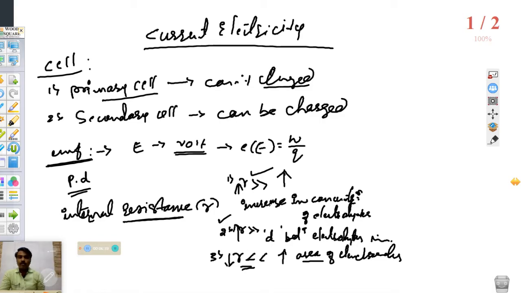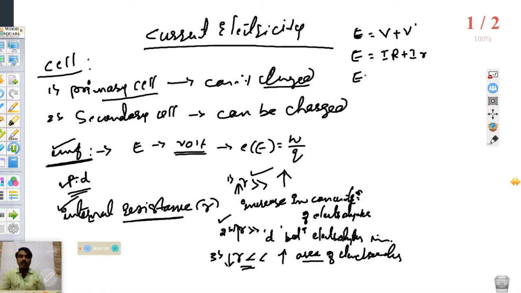And whenever we use the concept of EMF, PD and internal resistance, all three physical quantities, we usually write EMF equals the terminal PD across the external resistance plus the terminal PD across the internal resistance, V dash. Hence E equals I times R plus I times r, where capital R is the external resistance and small r is the internal resistance.